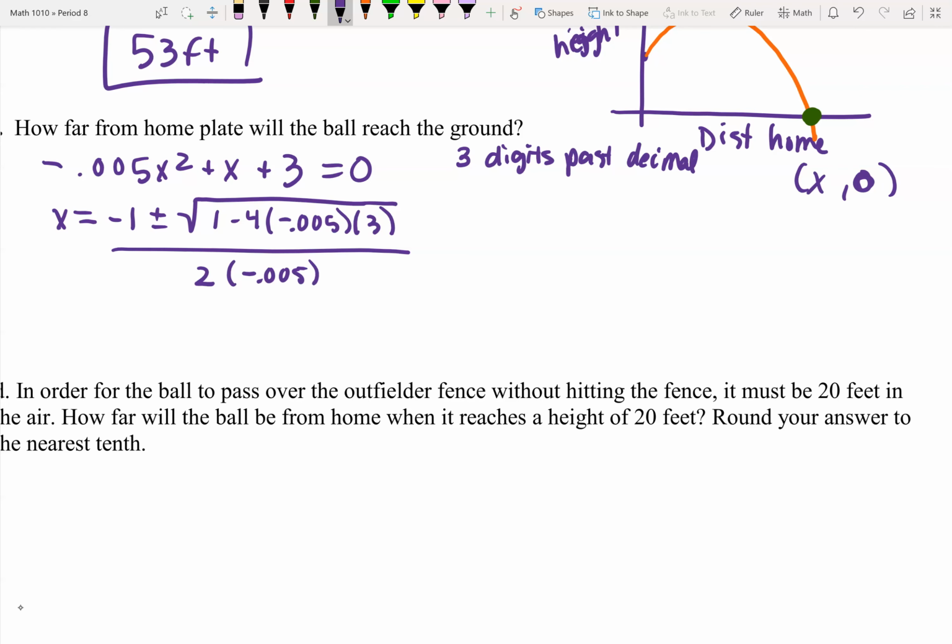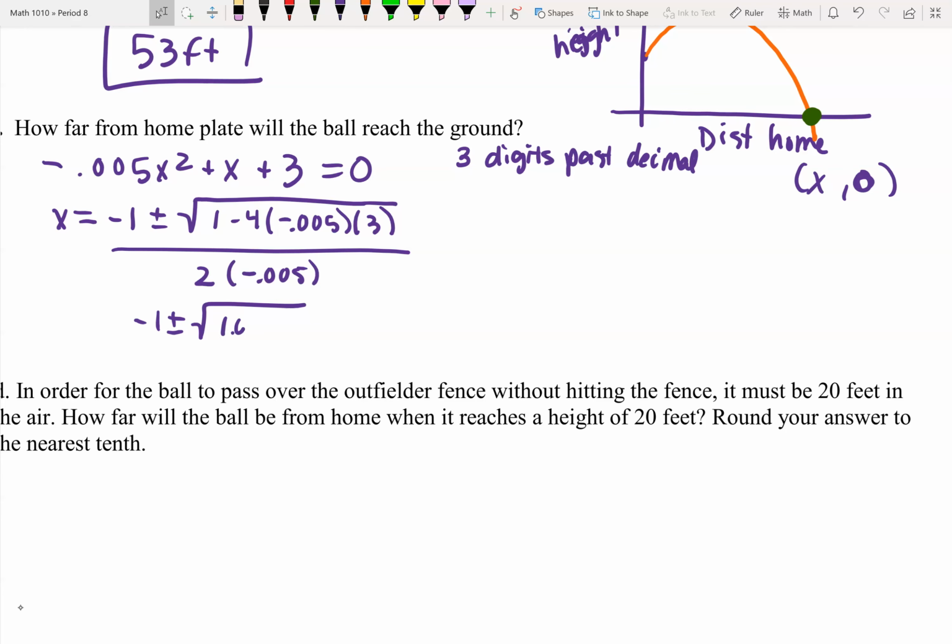Please don't do this. This is important. It's going to save some of you. If you're punching things in your calculator, I want you to stop. Negative 1 plus or minus the square root of, which I see people punching and writing, and that means they're doing it without listening to the directions.